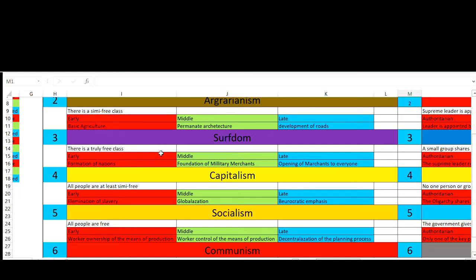So the formation of early serfdom is the formation of nations. It's basically what permanent architecture was for agrarianism. It's the establishment of national permanent architecture, national roads, all this stuff. You're forming your nation. You're forming your government. And you're creating trade not just within your region, but with your whole nation.